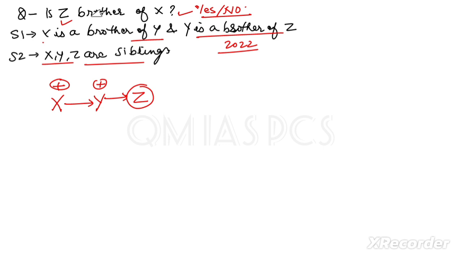If you are getting a clear-cut answer, yes or no, that's fine. But if you are getting a confused answer, like Z can be or Z cannot be, that means you are not getting the answer. That's why the option is D, both statement 1 and statement 2 are not sufficient to answer the question.